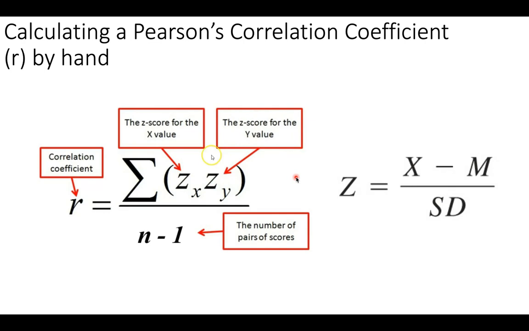So in a positive correlation, if I'm below the mean on variable X, so I have a negative Z-score, I should be below the mean on variable Y, another negative Z-score, right? They're both negative, which means I'm below the mean on both, which means they sort of move together.